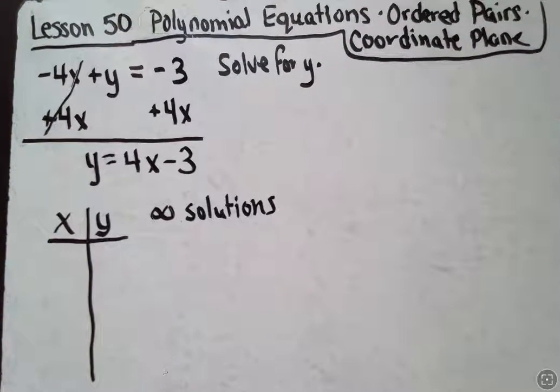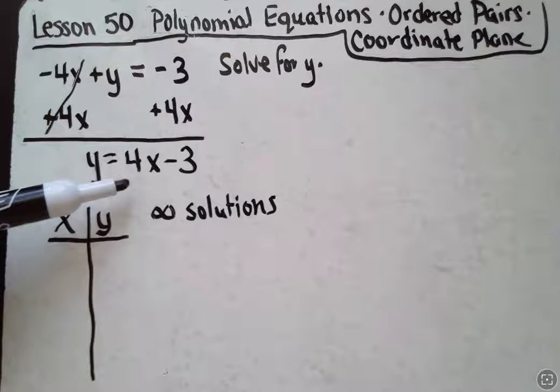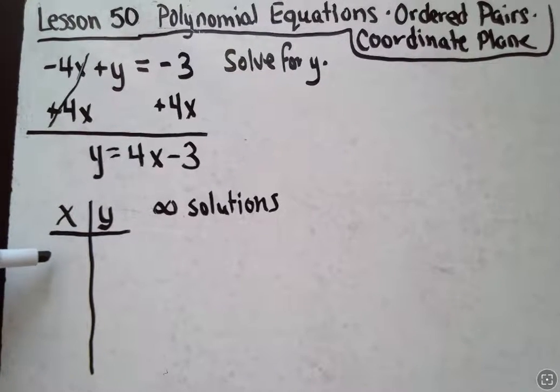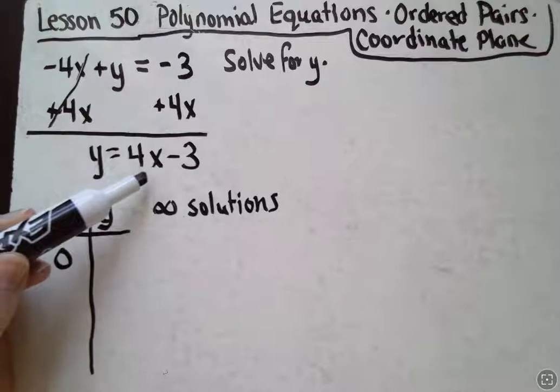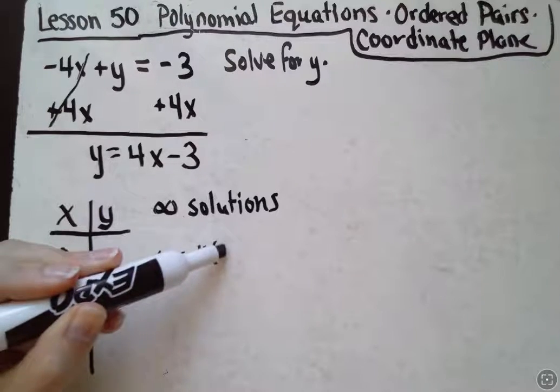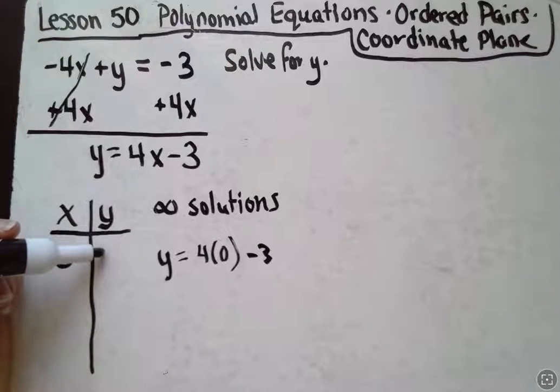And so what we're going to do is just choose values of x and plug them into the equation and evaluate to get y. So for example, what happens if x is equal to 0? If I plug 0 in here, then I would have y equals 4 times 0 minus 3, which would just be a -3.